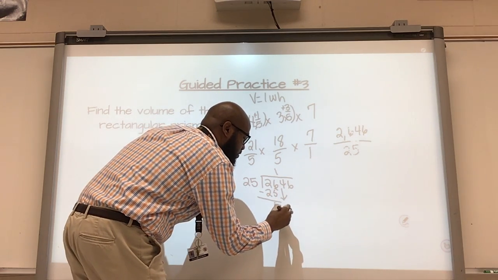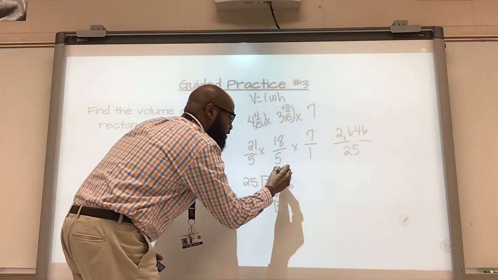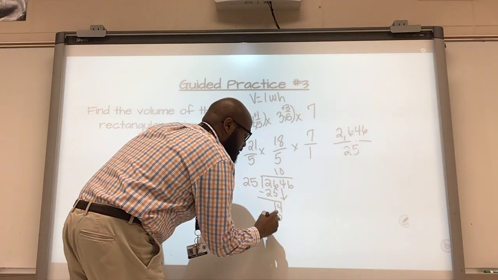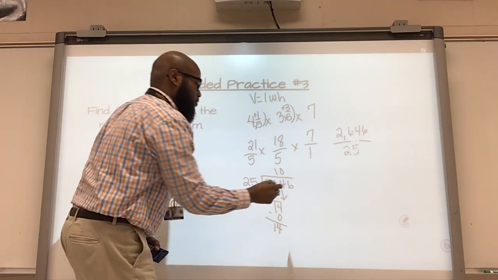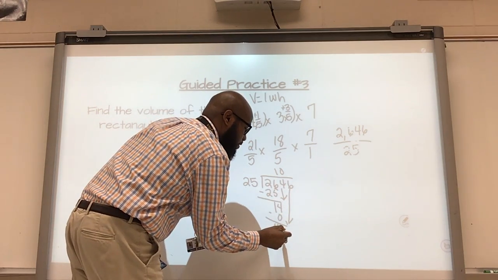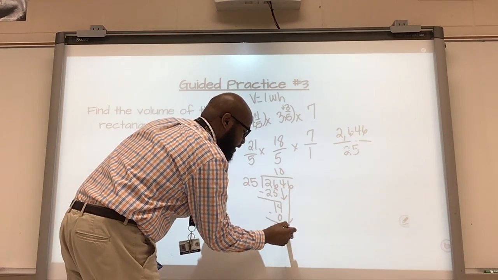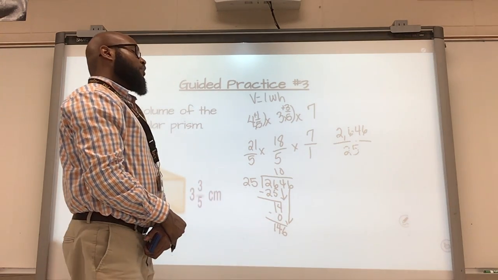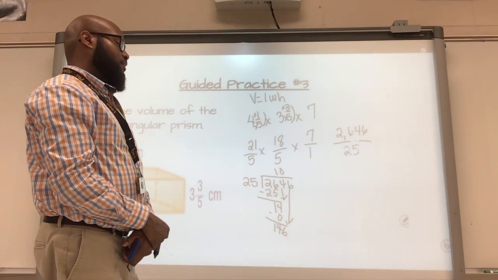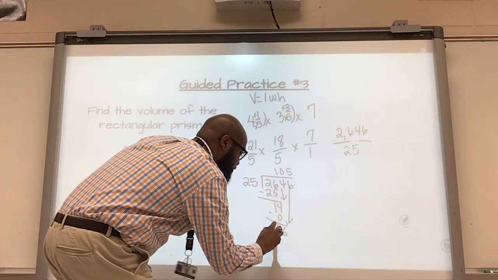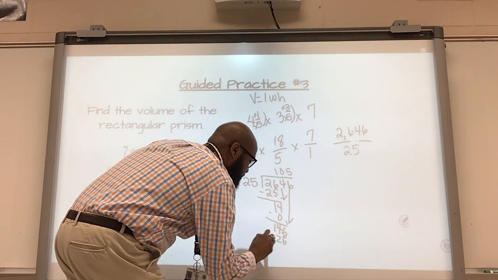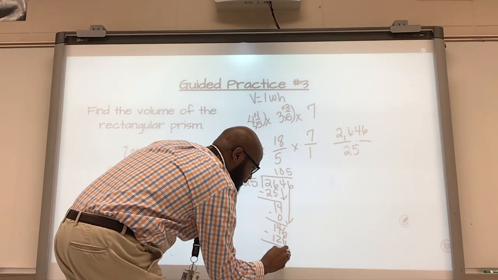Bring down our 4. 25 will go into 14 0 times. 0 times 25 is 0. Subtract and we get 14, bring down our 6. 25 will go into 146 5 times. 5 times 25 equals 125. We subtract and we'll get 21.